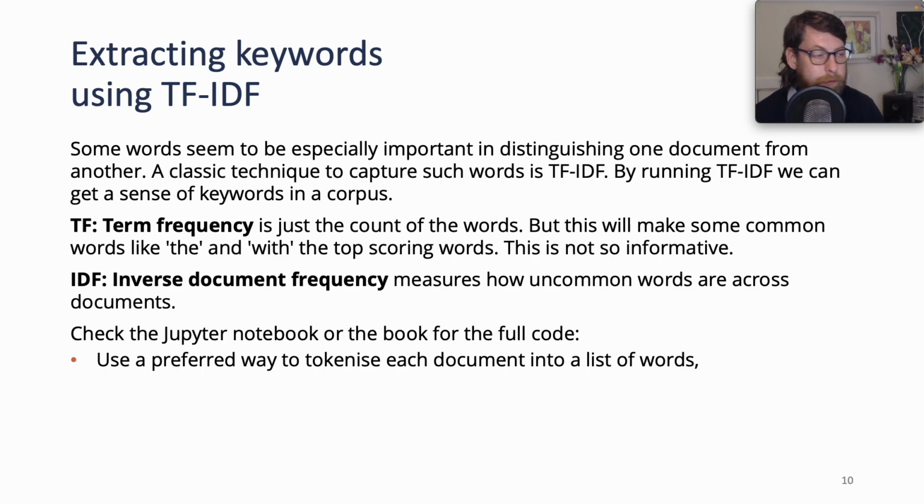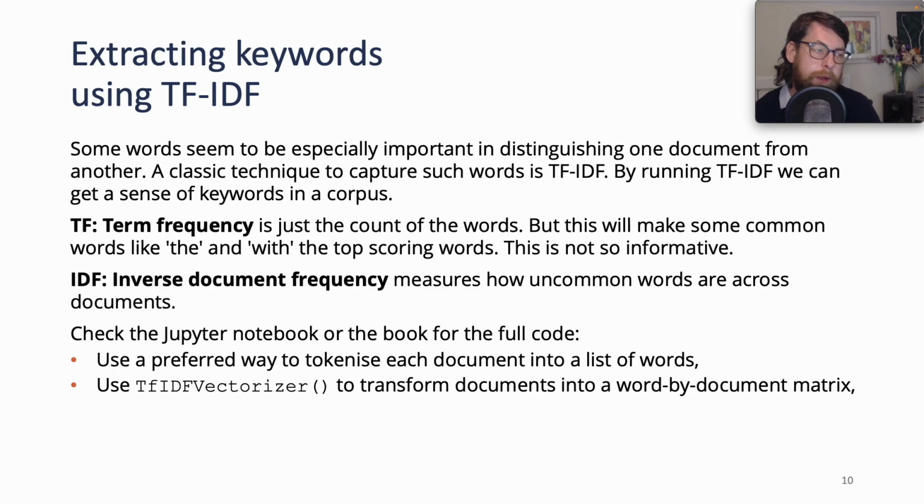But the steps to go through are use a preferred way to tokenize each document into a list of words. So first off, if you don't care about the capitalization, say of the word movie, then you'd want to make sure it's all consistent, perhaps all lowercase. Then we're going to use the TF-IDF vectorizer, and I'll show that code in a second here. That's from the scikit-learn package, I believe.